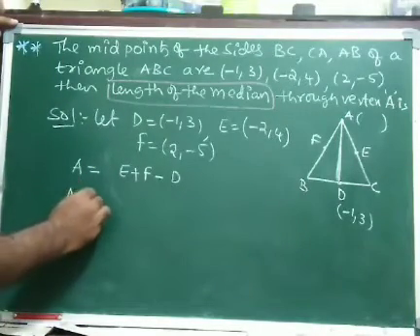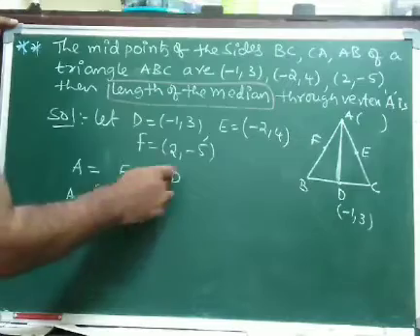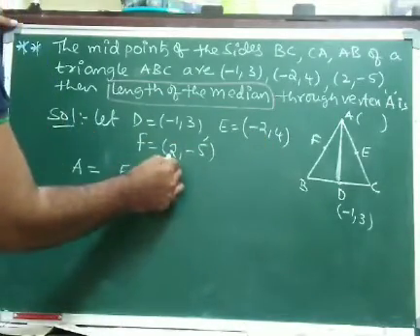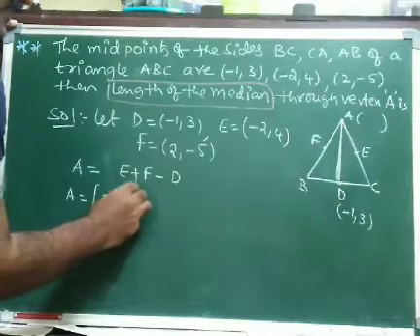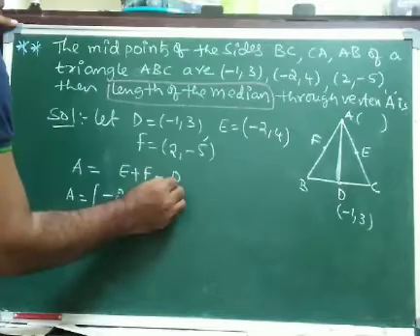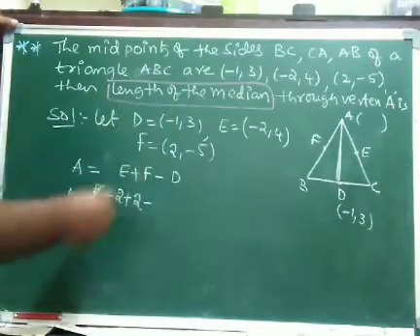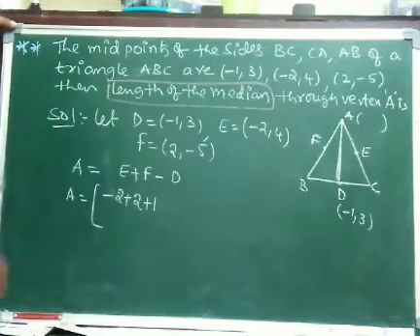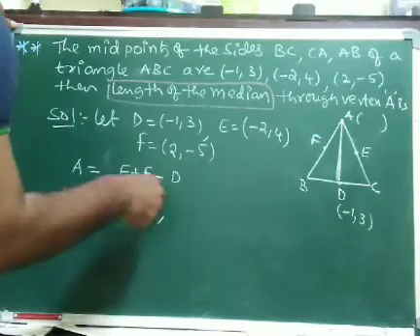So come on, let us apply this for the x coordinates. E plus F: minus 2 plus 2. Only the x coordinates of E and F I need to add. Okay, added. Minus the x coordinate of D should be subtracted. So minus of minus 1, which is equal to plus 1. Comma.